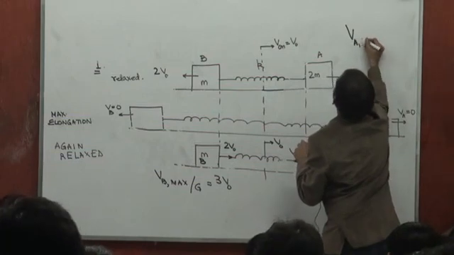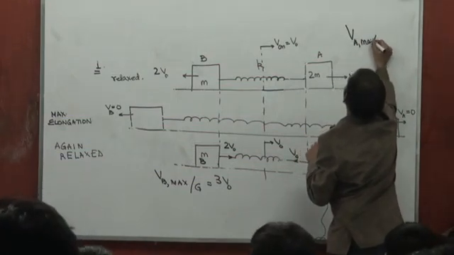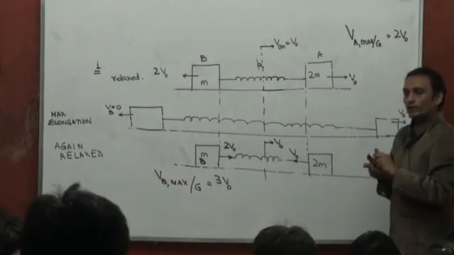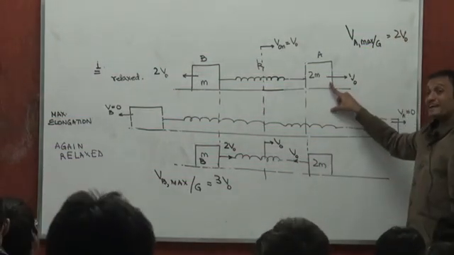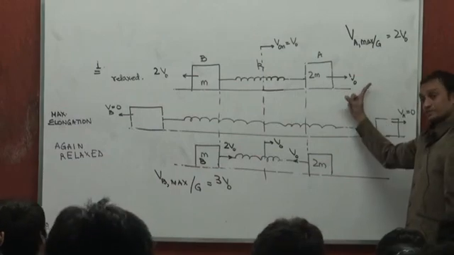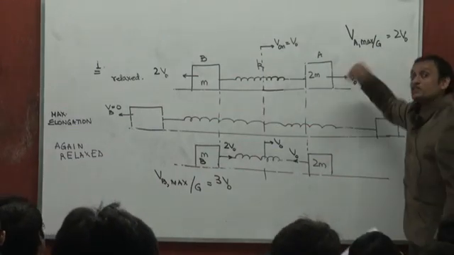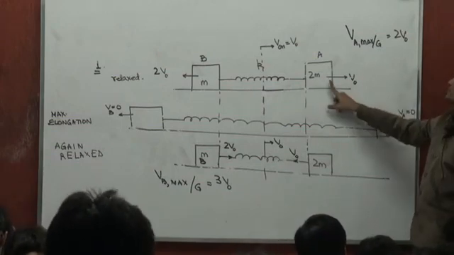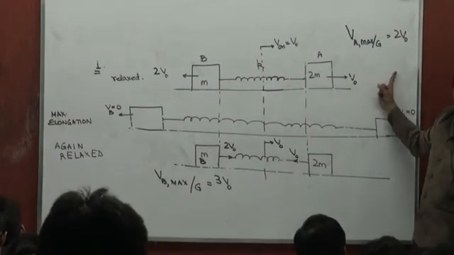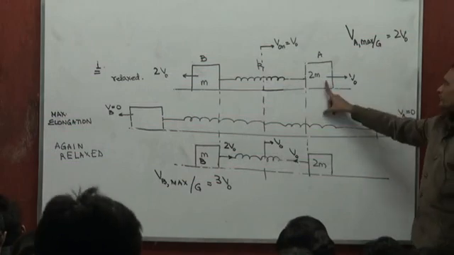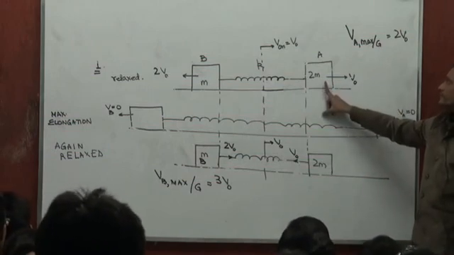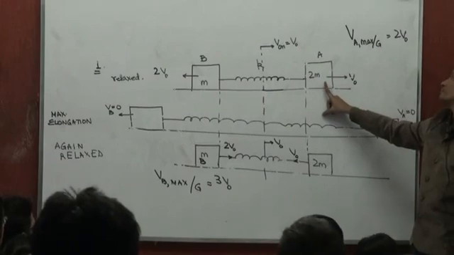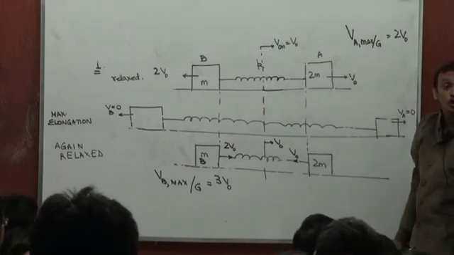So then for A, the maximum in the ground frame is going to be 2V naught, because the relative velocity of A in the same direction in the center of mass frame is highest at this point. Beyond this point, the relative velocity of A decreases. So the relative velocity is highest here, and therefore the maximum velocity of A in the ground would be 2V naught.